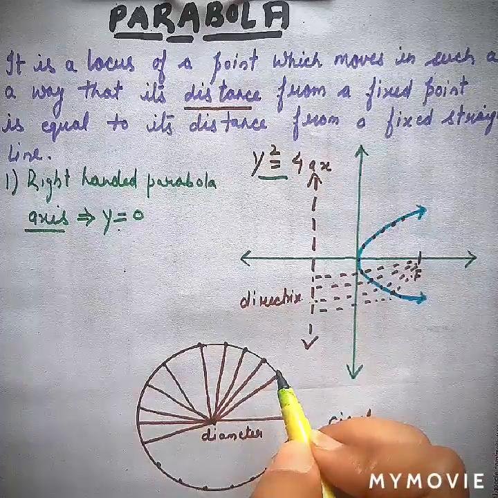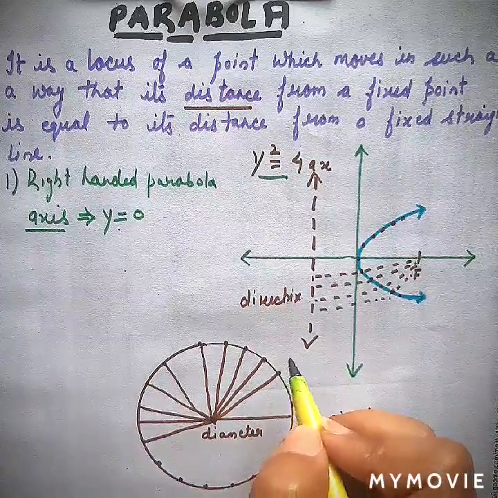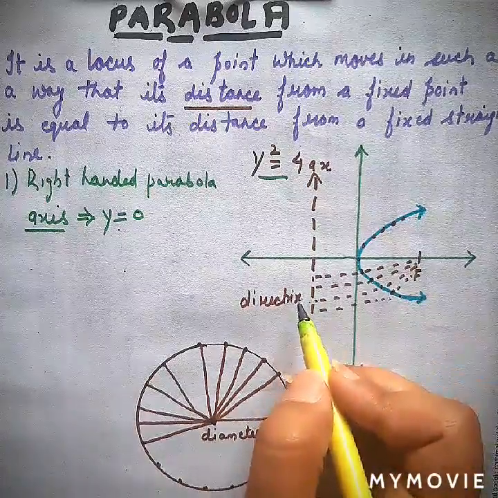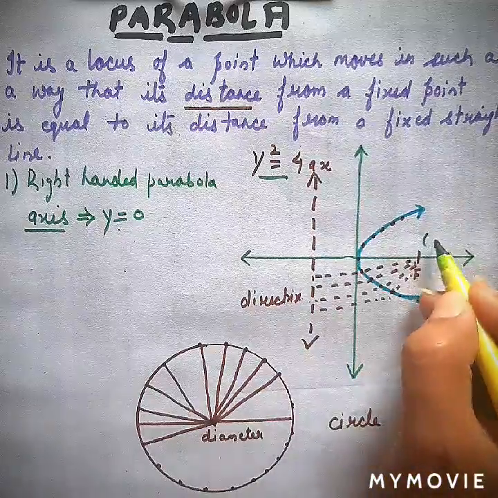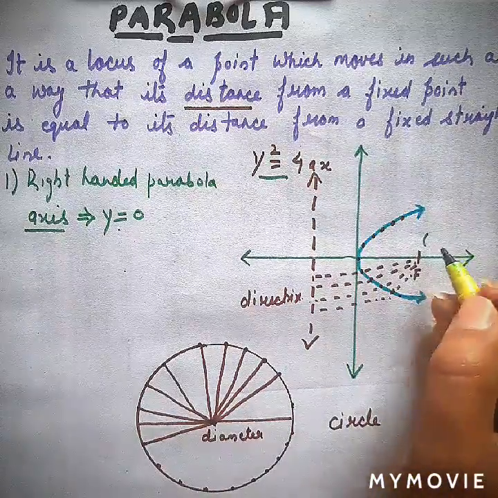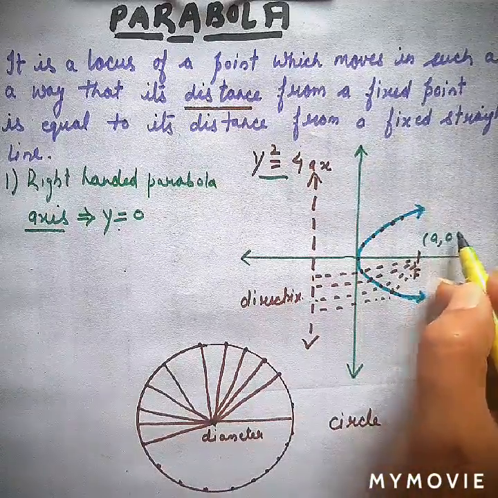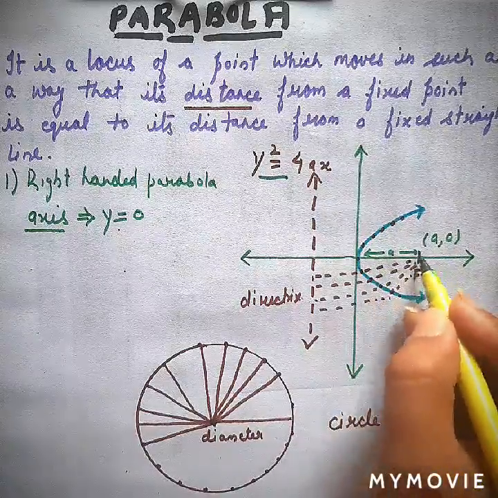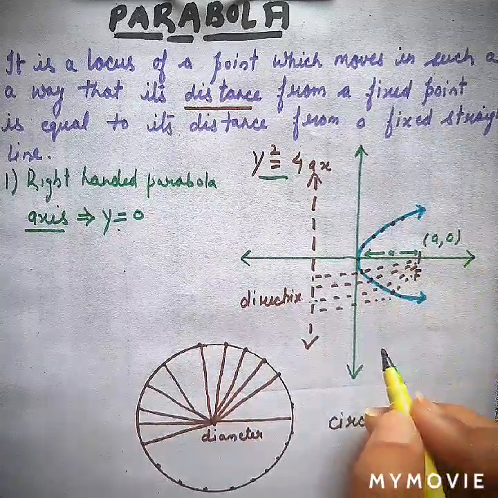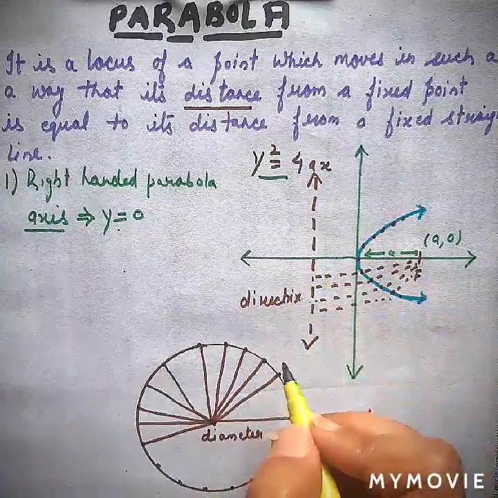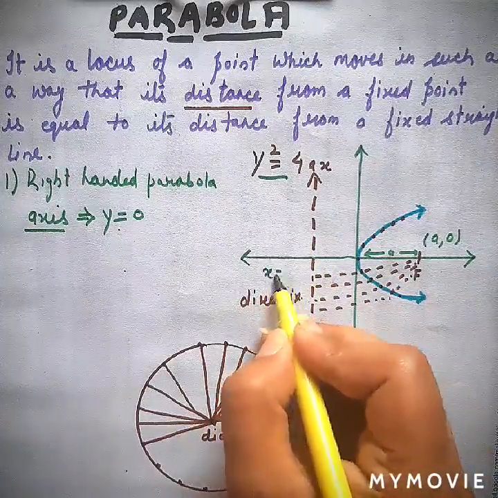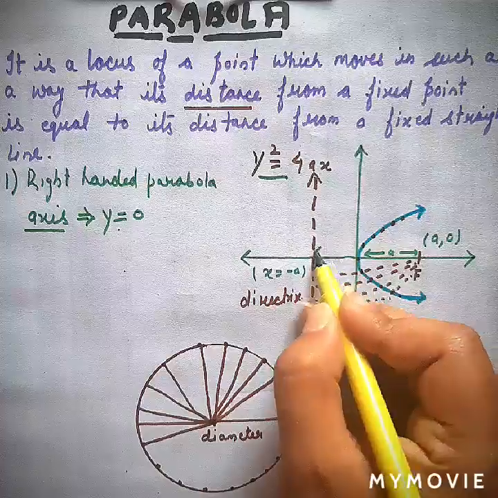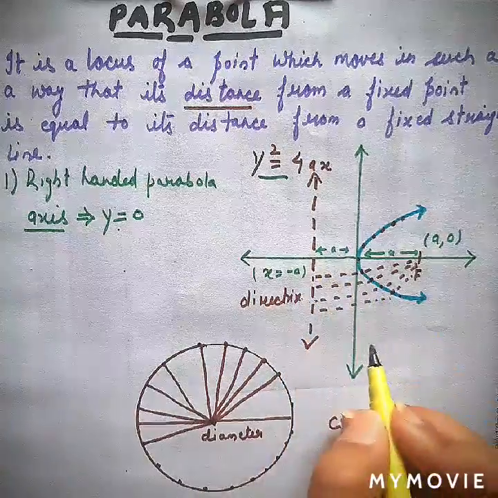The distance between the focus and the directrix will be equal. Let this distance be a, so the focus will be the point (a, 0). So the directrix will be x is equal to minus a. This distance will also be equal to a.